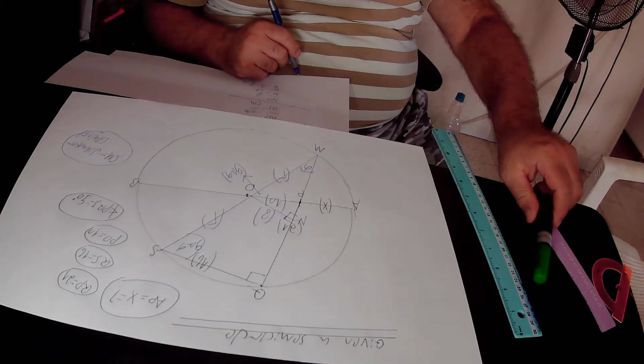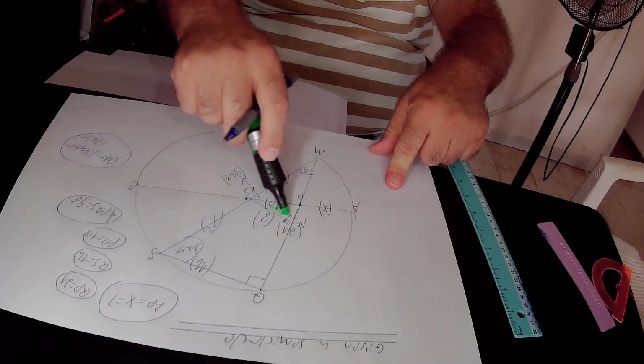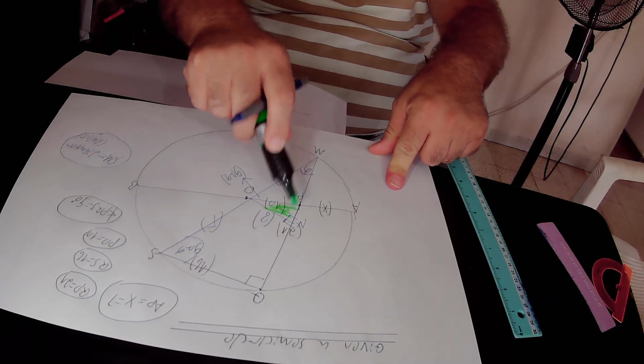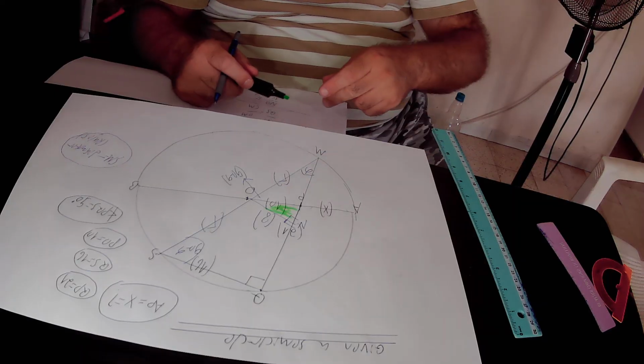In the next step, I'll copy the small right triangle NPO, and on the page we find the missing side PN in this small right triangle NPO.